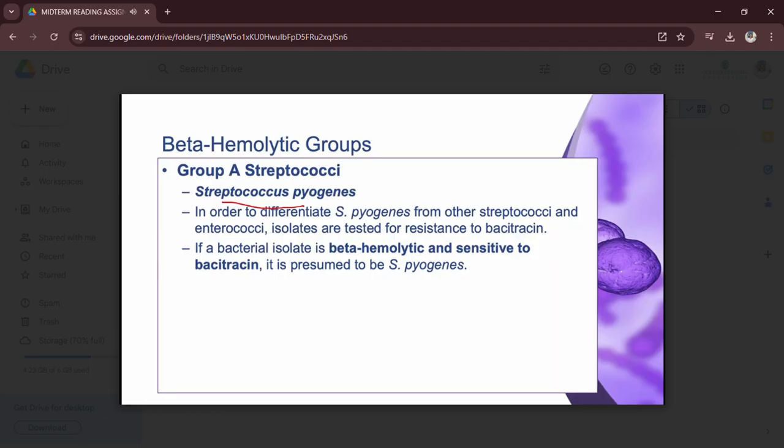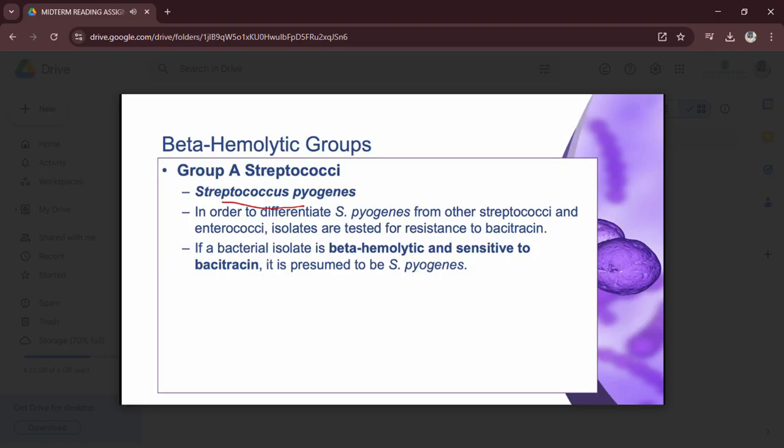When the colony of this organism grows on a blood agar plate, it will produce clear zones. Therefore, we term it a beta hemolytic organism because the clear zones are usually 2 to 4 times larger than the diameter of the colony.